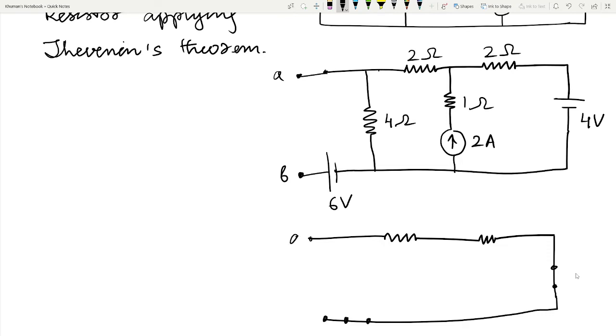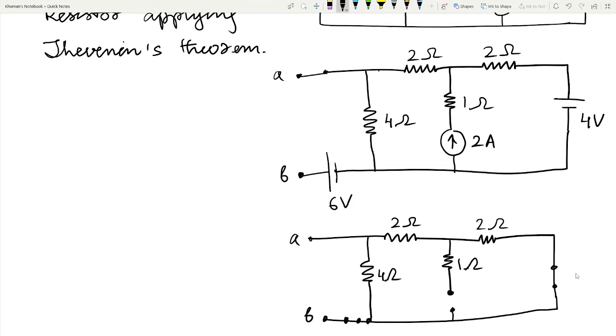So this is terminal AB, and this is 4 ohm. This is 2 ohm. This is 2 ohm. And again, this current source 2 ampere will be replaced by an open circuit. We can redraw like this.